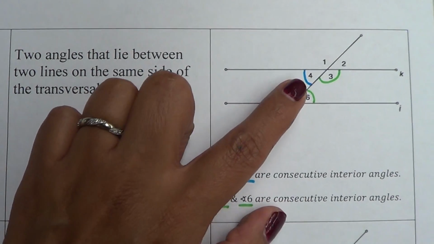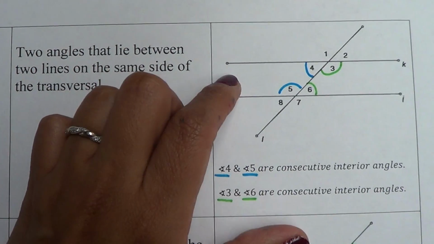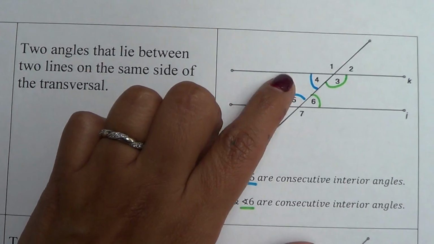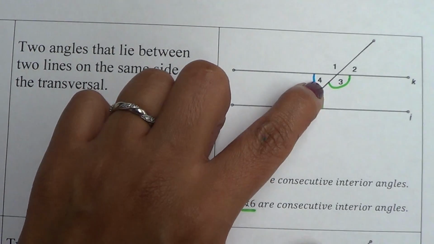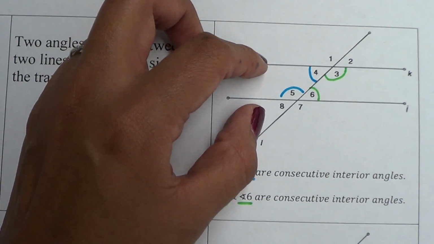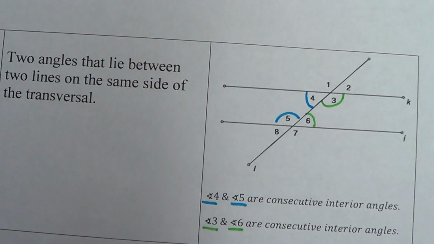So for example, angle 4 and angle 5, those would be consecutive interior angles, like they're inside the 2 lines. You see how angle 4 and angle 5 are inside the 2 lines, and they are on the same side of the transversal. They're both on the left side of the transversal.